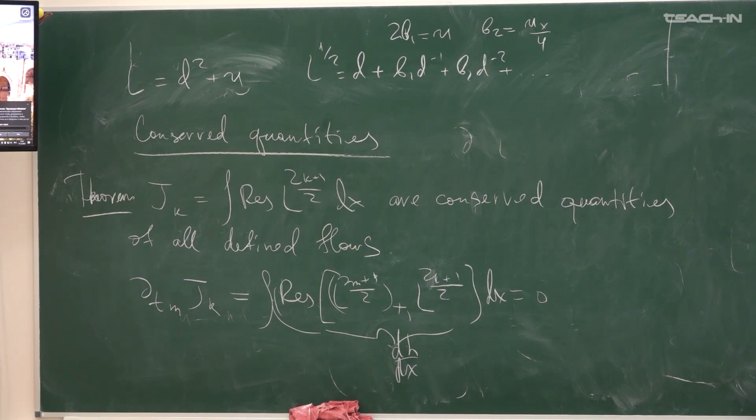But you see, the Lax representation for this problem means that some spectral properties of this operator are conserved. You understand? Like in the finite dimensional situation, if you have a finite dimensional integrable dynamical system and you have the Lax representation of it, it means that the spectral curve, or just the characteristic polynomial of this Lax operator, is a conserved quantity of all these flows.